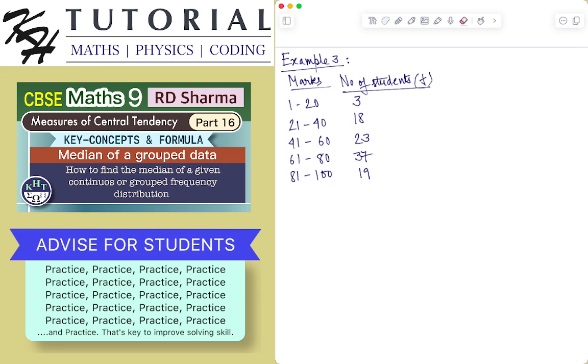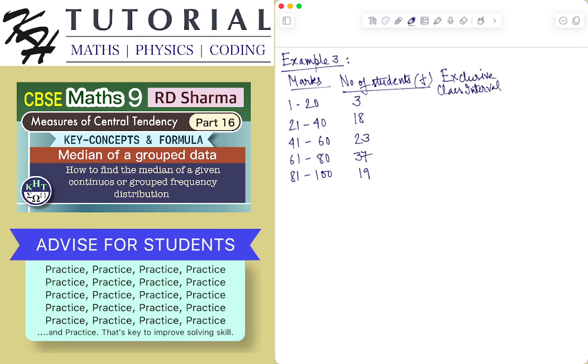For this you will make another column, exclusive class interval.